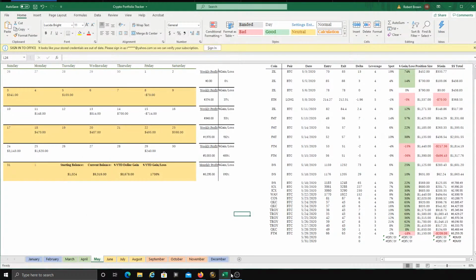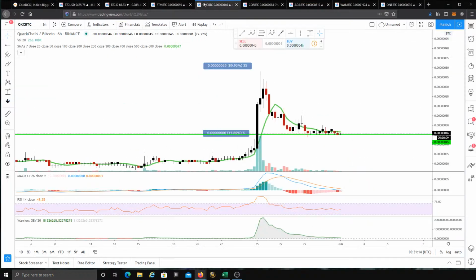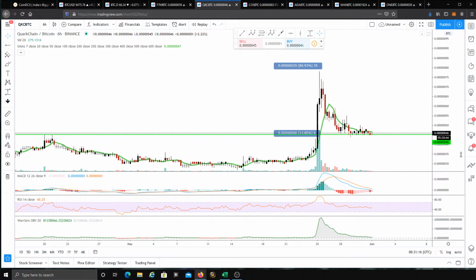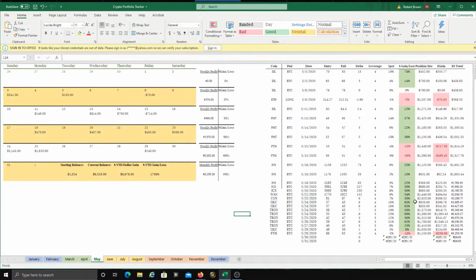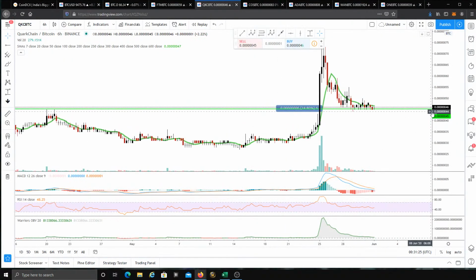Okay, we'll go back to the chart. But again, you see green on margin trading altcoins, especially a big gain like that, because this was 60-something percent. Heck yeah, you want to lock that in.